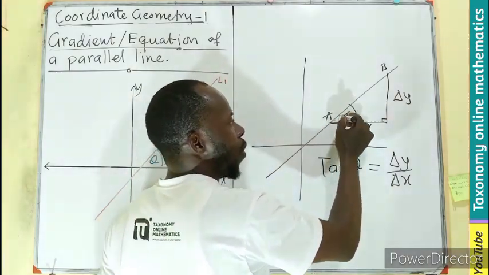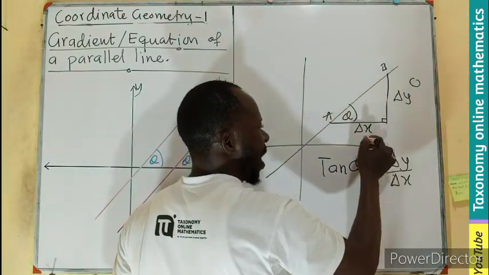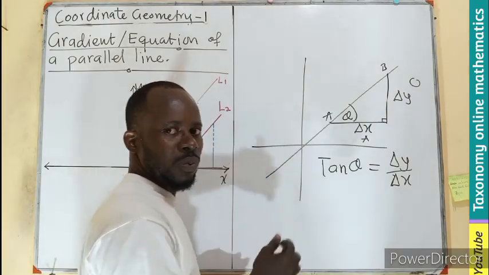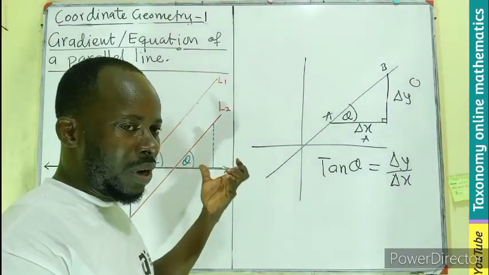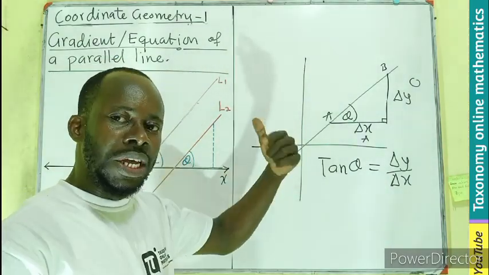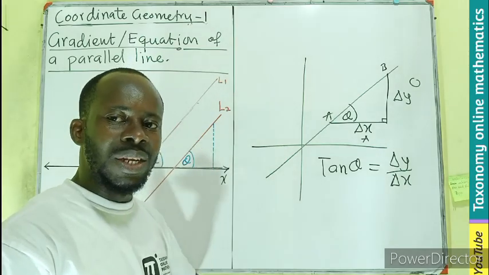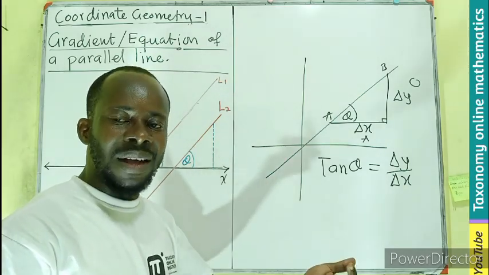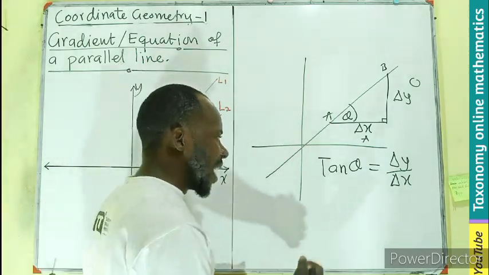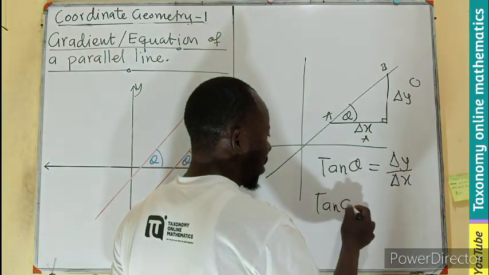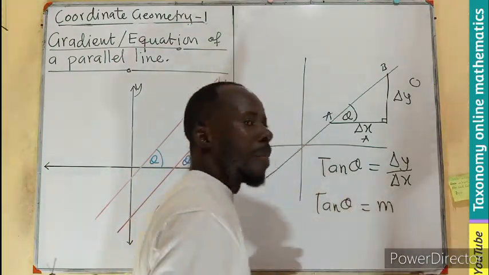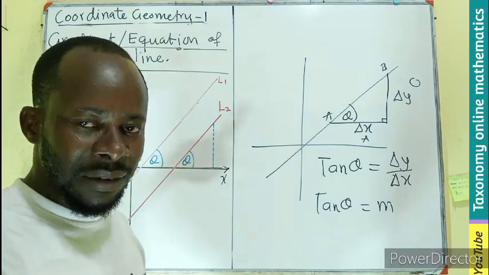Better still, the opposite side over the adjacent. So this is what we have. Then on a plane geometry, the change on the y-axis over the change on the x-axis gives us the gradient.